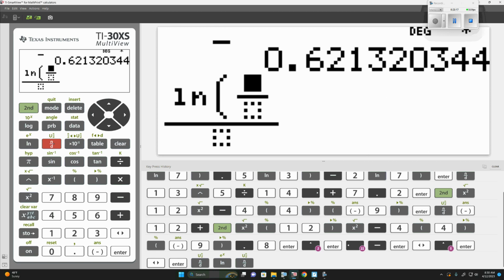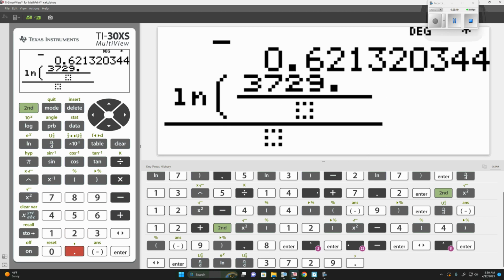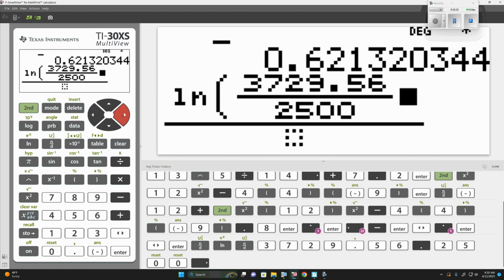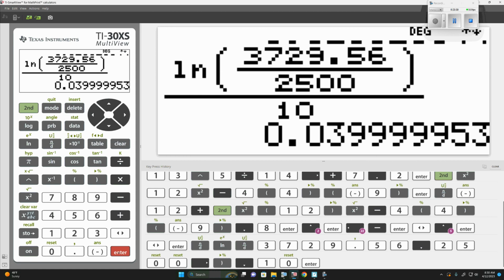ln of 3729.56 over 2500, divided by 10, is 0.03999, or we can round this to 0.04.